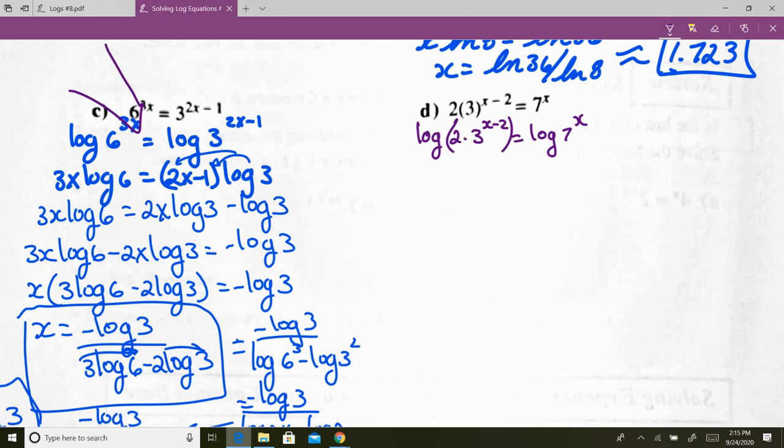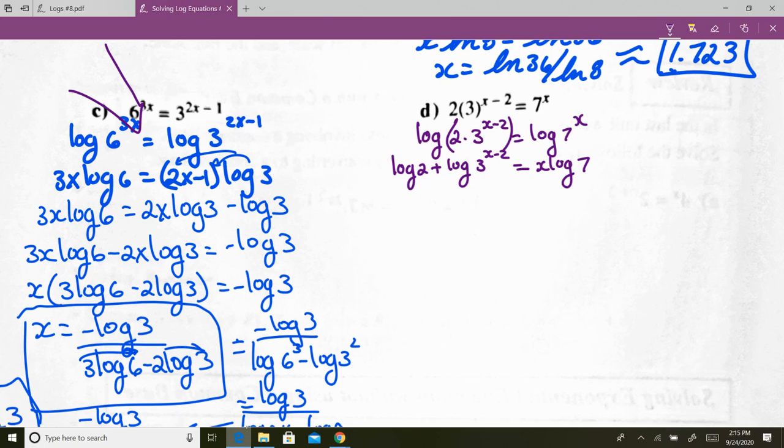You can add the logs of the arguments. So we can rewrite it as log 2 plus log 3 to the x minus 2 is equal to, I can drop this exponent down, x log 7. So this is one of the problems. When you log something, it takes a simple expression and expands it out, but then we'll bring it back together. Now what do we do?